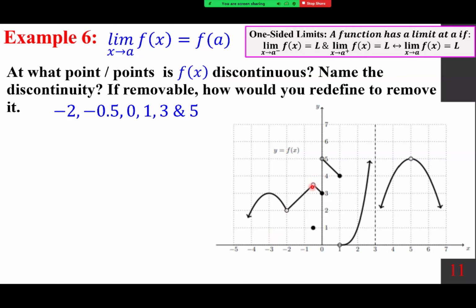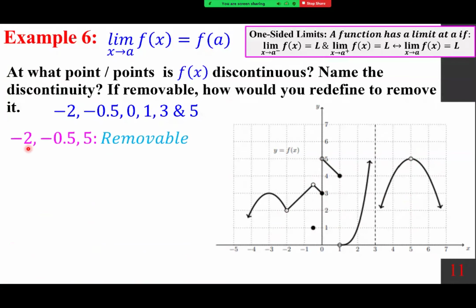This one, again, we have the same situation. We can fix this at this number, -0.5. The rest we can't fix. Oh, over here, we can fix it also. At 5, we just see everything is fine. We just see a hole.